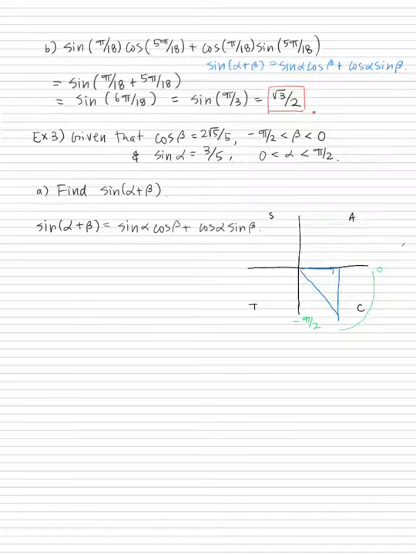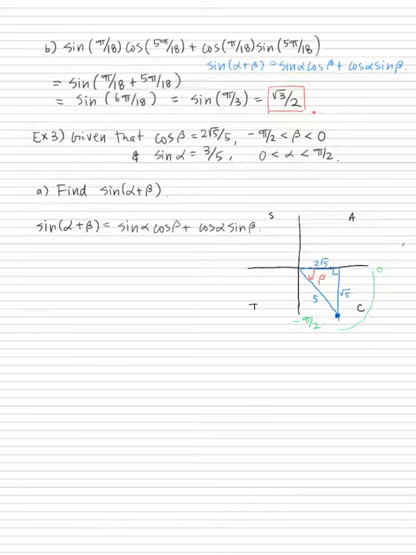Please pretend that's a 90-degree triangle. This angle right here is our beta, and the adjacent is 2 root 5 and the hypotenuse is 5, so the missing length should be square root of 5. Let me put a big dot right there.